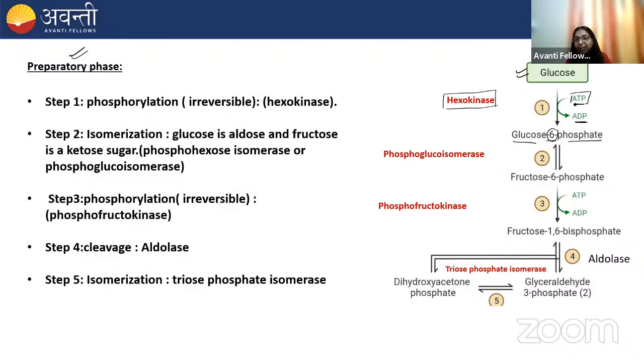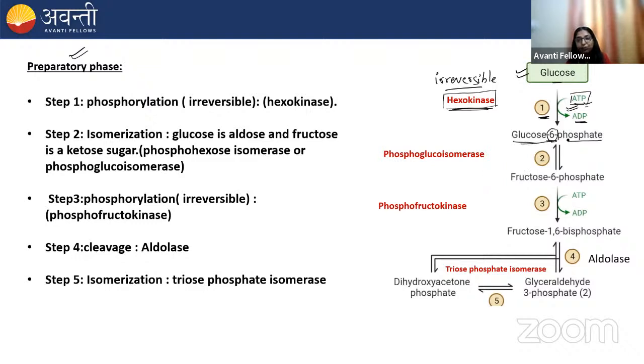ATP investment is taking place in this process. ATP is utilized here, where the glucose is converted to glucose 6-phosphate. And remember, it is an irreversible reaction. The enzyme involved is hexokinase.